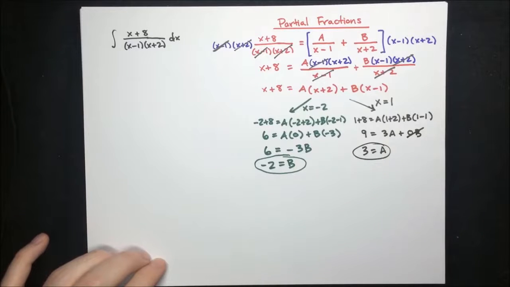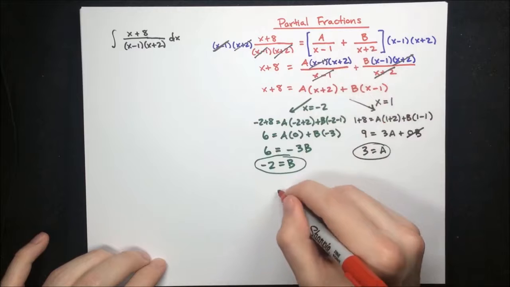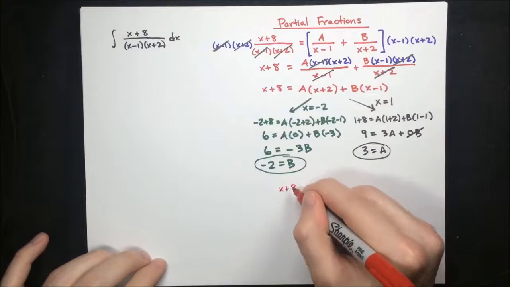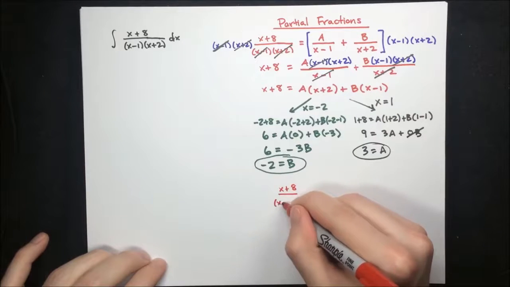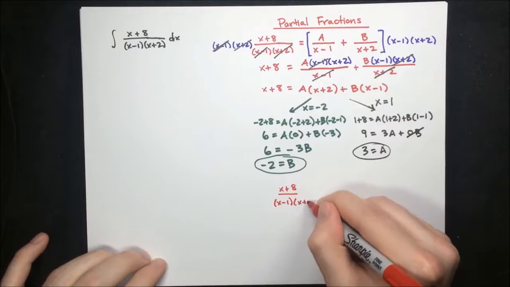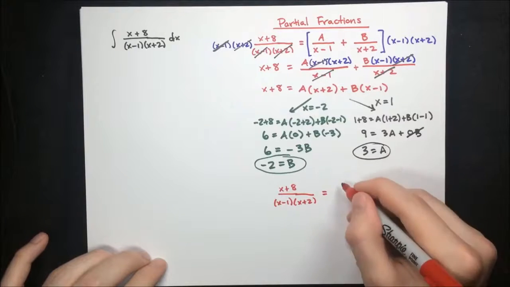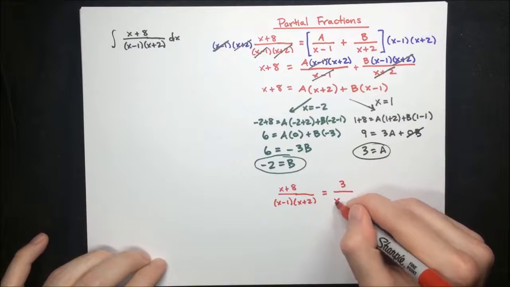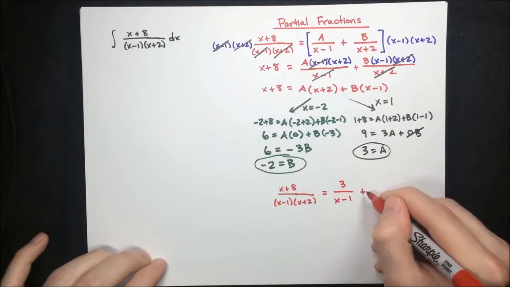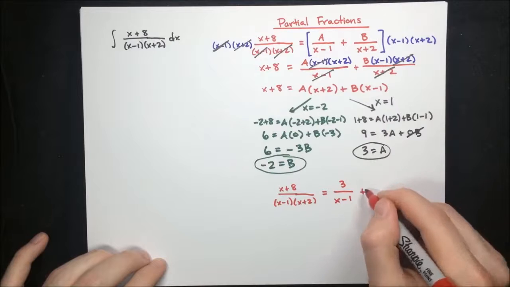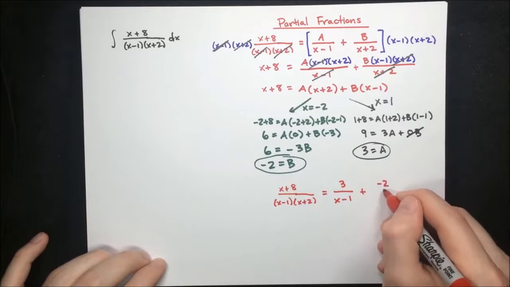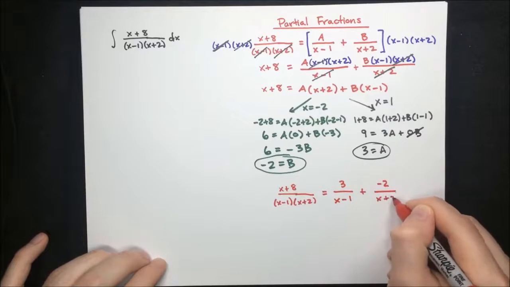So with that, we know our partial fractions expansion. We know that x plus 8 over x minus 1 times x plus 2 is equal to a, which is 3 over x minus 1, plus b, which is negative 2, over x plus 2.